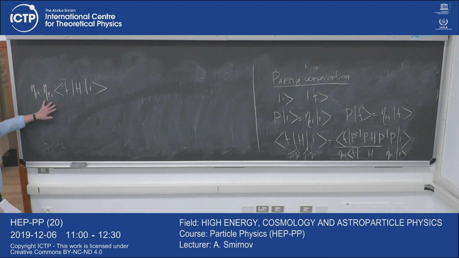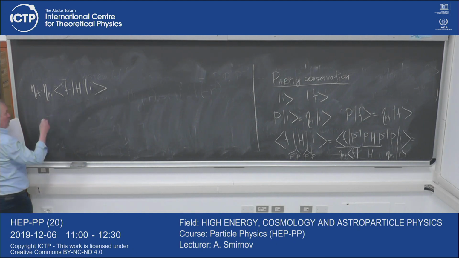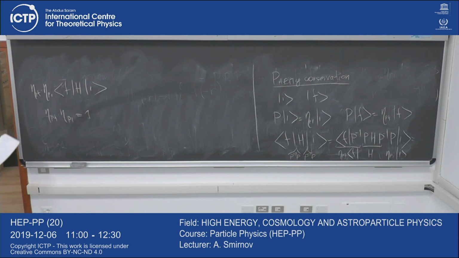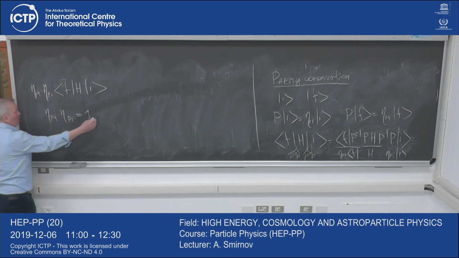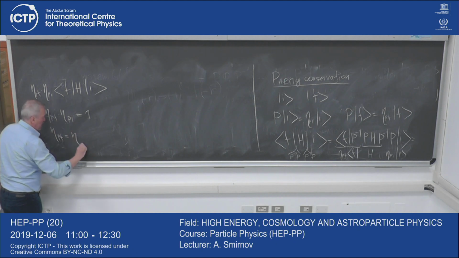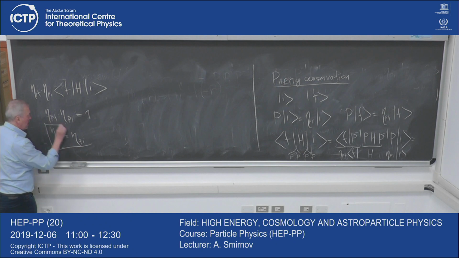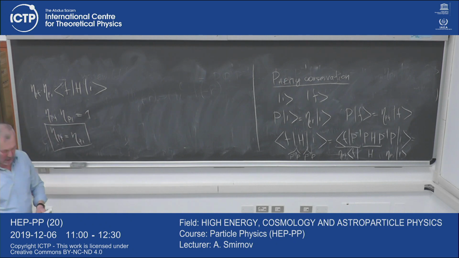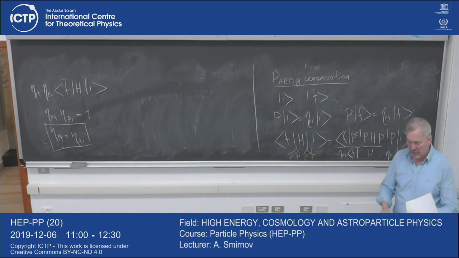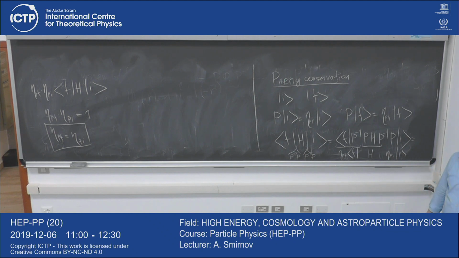And after transformation we are getting this, and therefore to satisfy this equality we need to have eta pi f multiplied by eta pi initial equals 1. And since these parameters are plus or minus 1, you can always multiply by, say, pi from this side, and pi squared is 1, so we get eta pi f equals eta pi initial, which means that total parity should be conserved if we have invariance of the Hamiltonian with respect to these transformations.